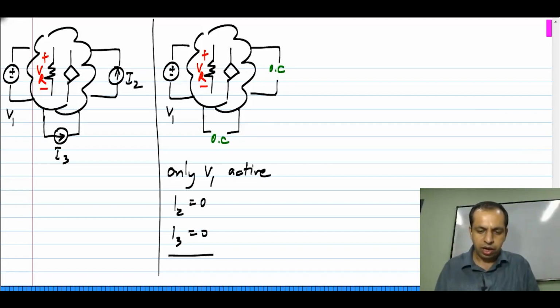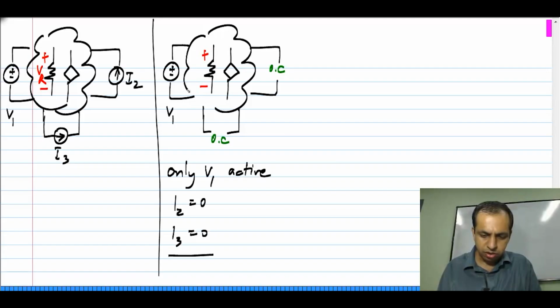Okay. And let me call the voltage VR I get from this as VR1. Okay. So, what I do is the following: I set I2 and I3 to 0.